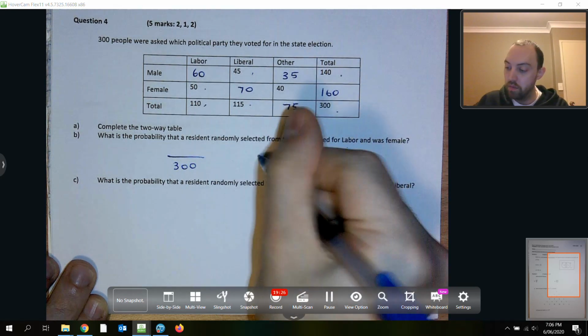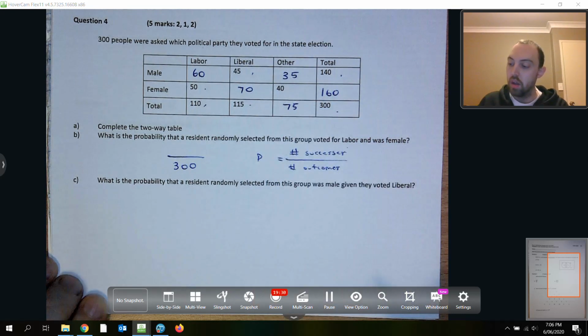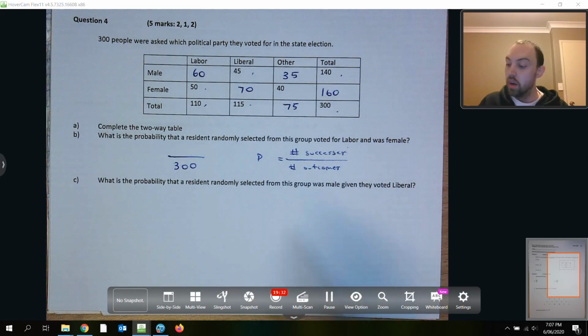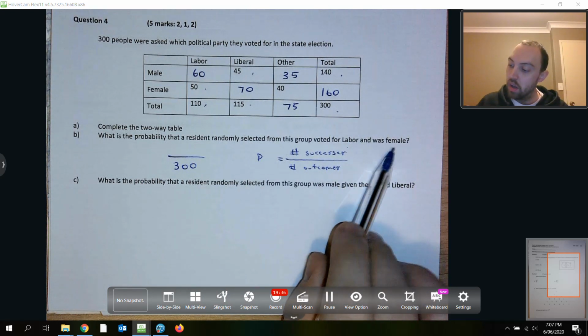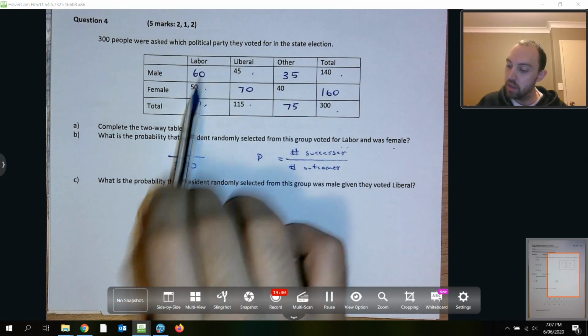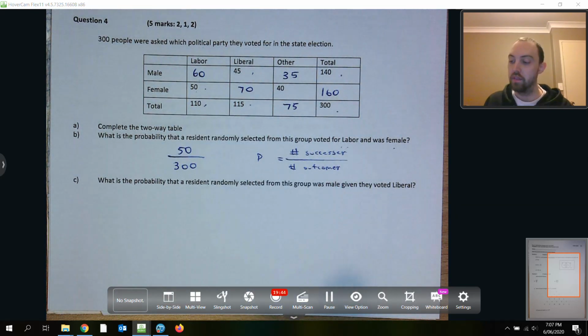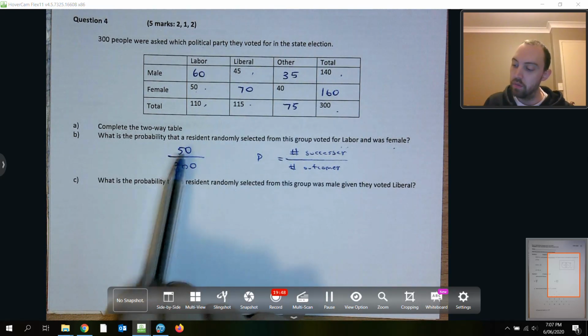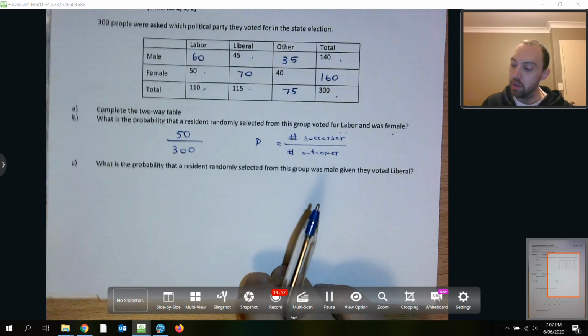The probability of something happening. So how many females were there that voted for Labour? Females, Labour. 50 out of 300 people were female and voted for Labour. That's it.